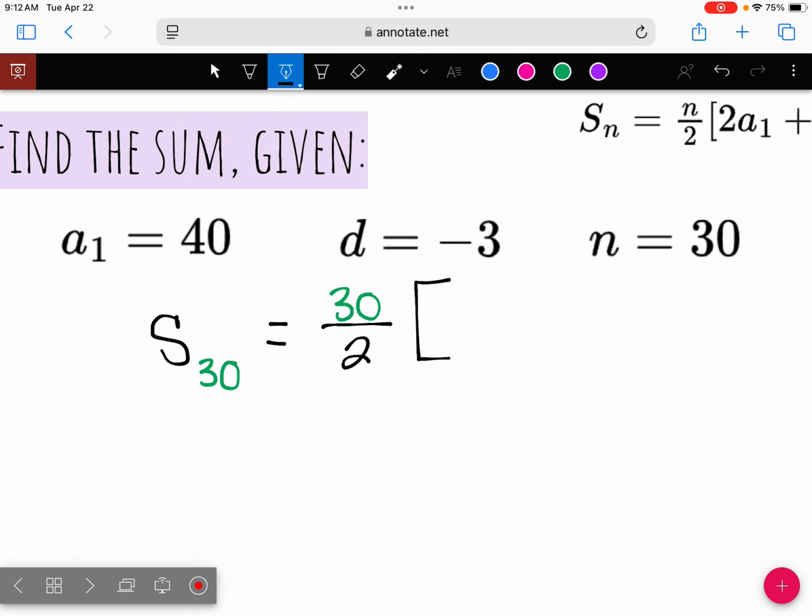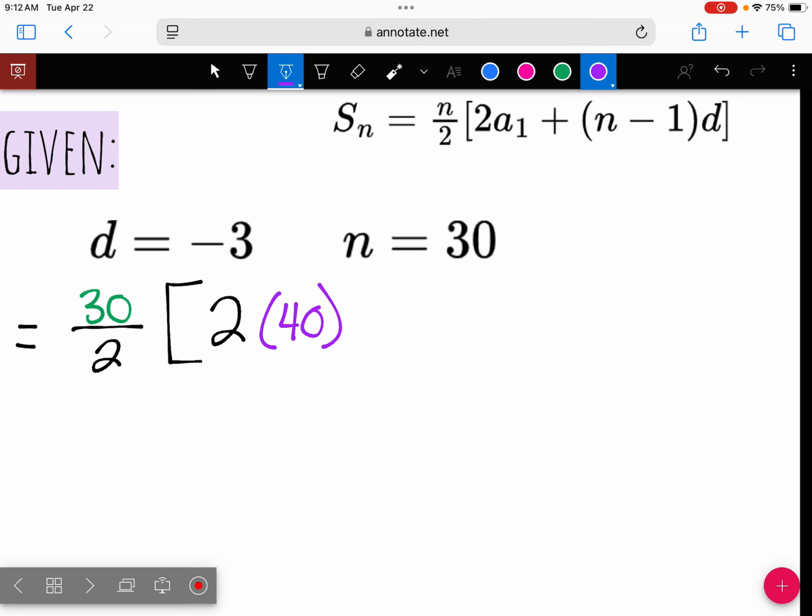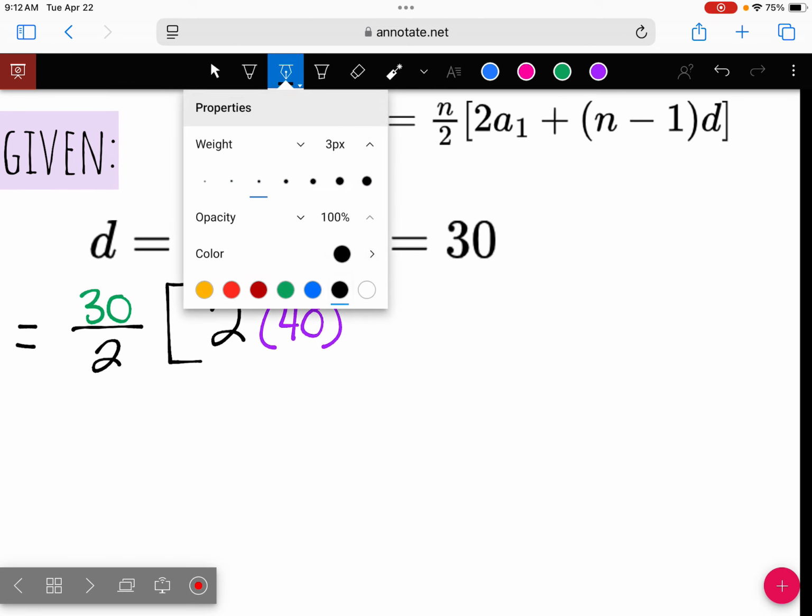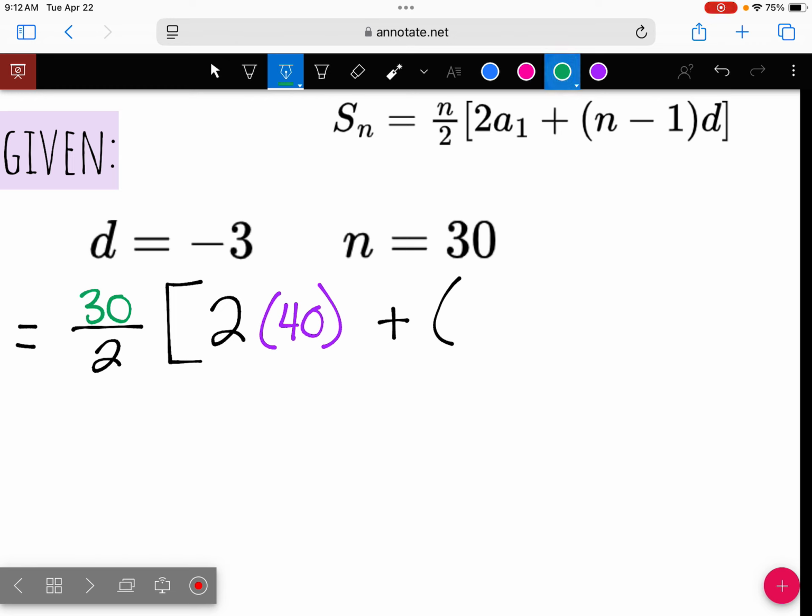We're going to have our 2 times our a sub 1, which is this 40. Plus our n, which is 30, minus 1, times that common difference of -3.